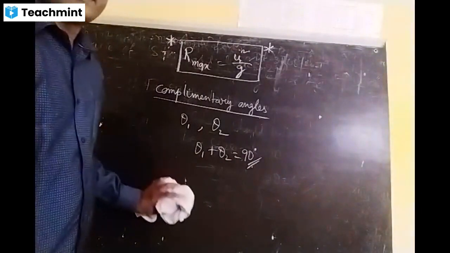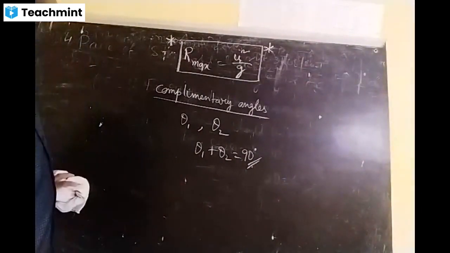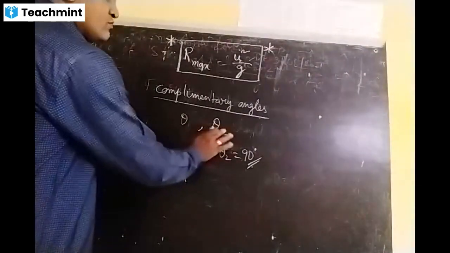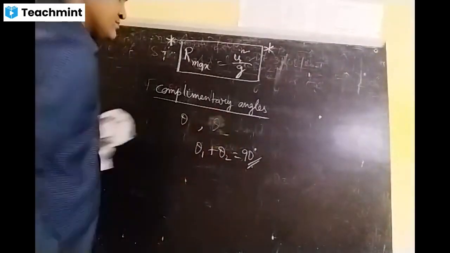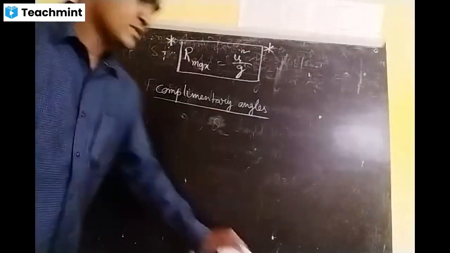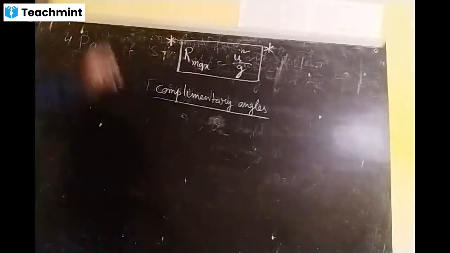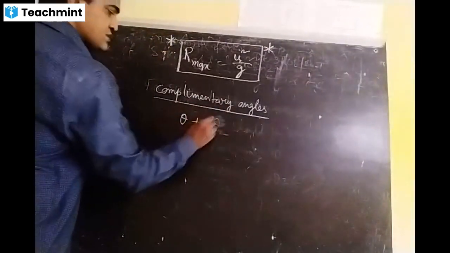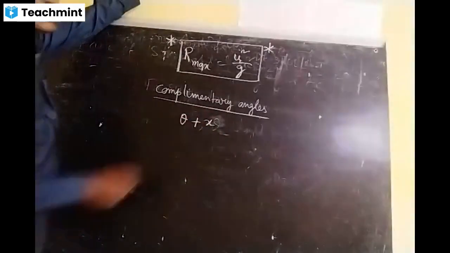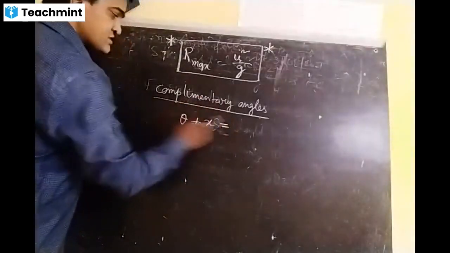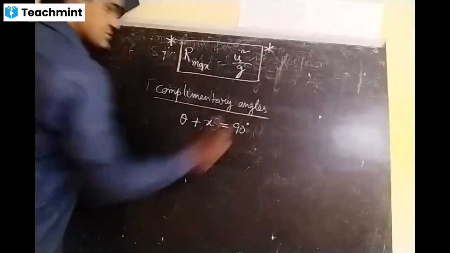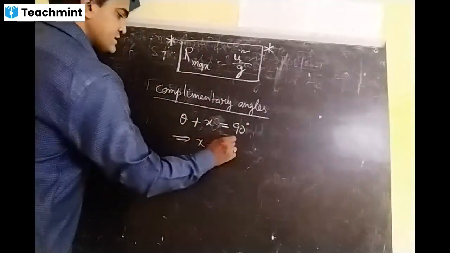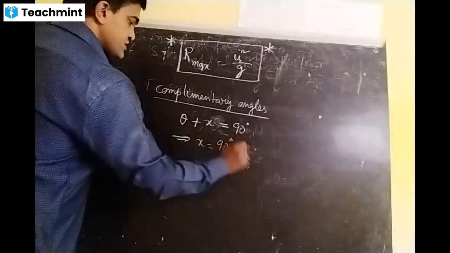Now, if I take one angle as theta, then what would be the other angle? 90 minus theta. If I take one angle as theta and the other angle as x, and their sum is equal to 90 degrees, then x is equal to 90 degrees minus theta.